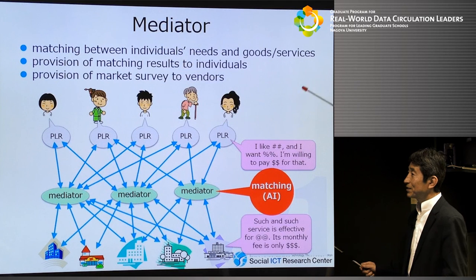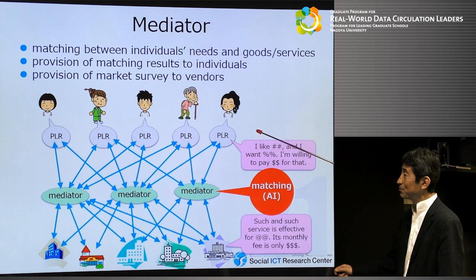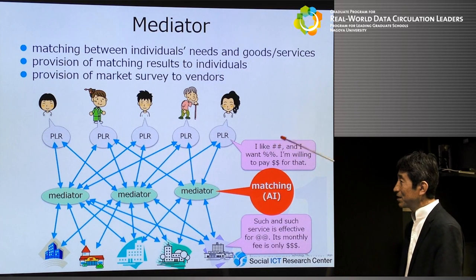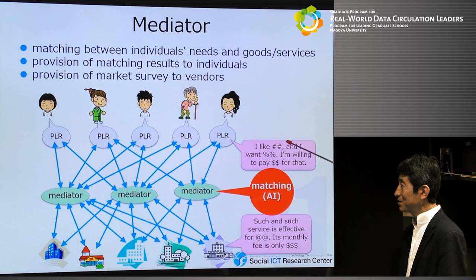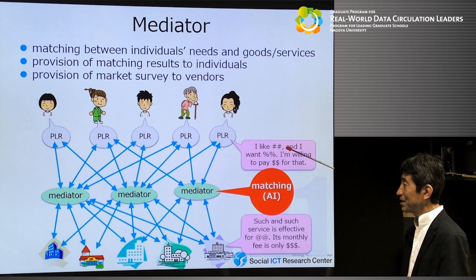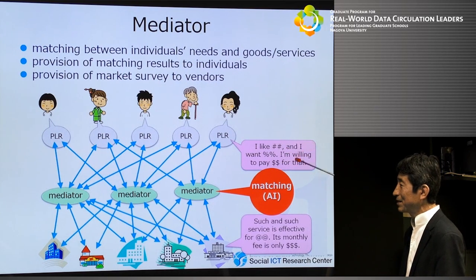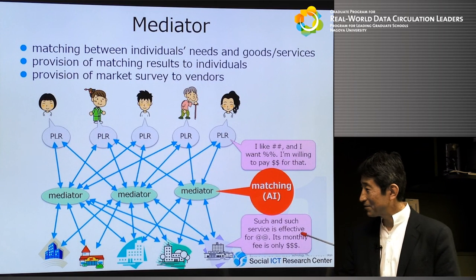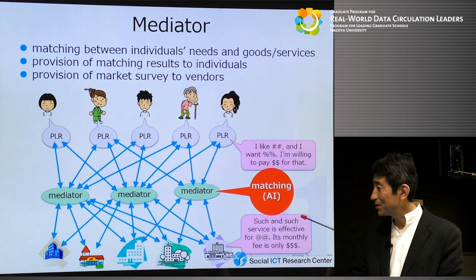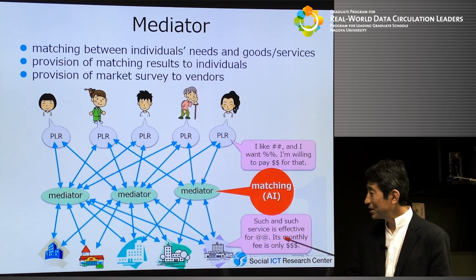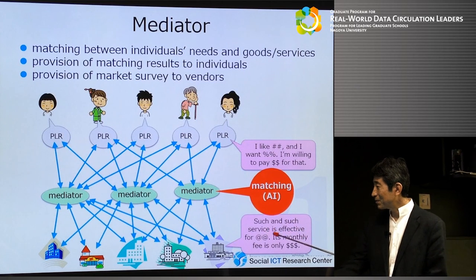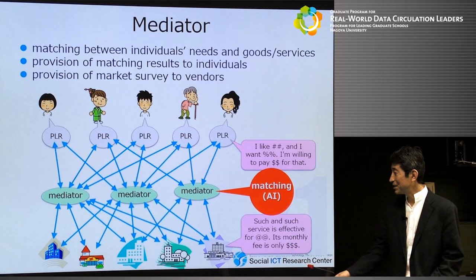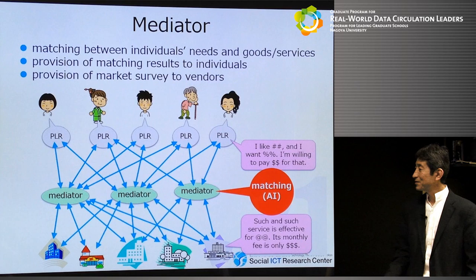So for instance, each customer would disclose her needs, like I like such and such, and I want such and such. I'm willing to pay this and that amount of money for that. And on the side of the vendors, some of these vendors would propose that such and such service is effective for such and such. Its monthly fee is only this and this.